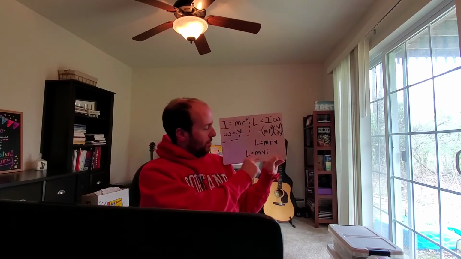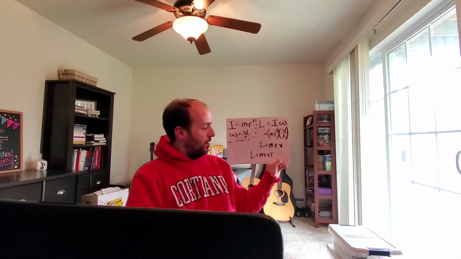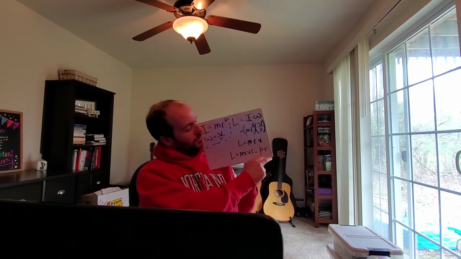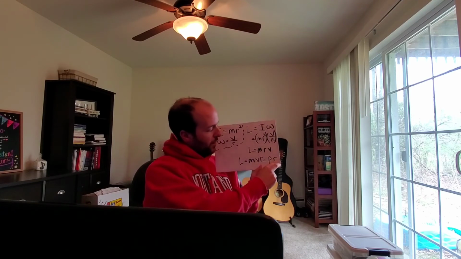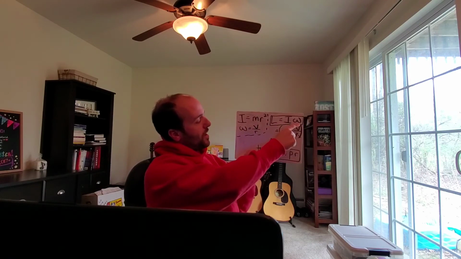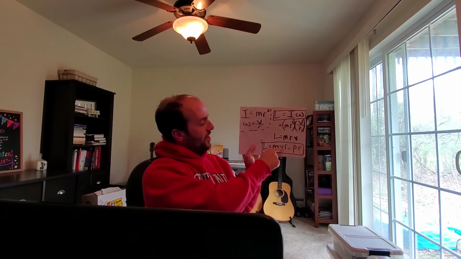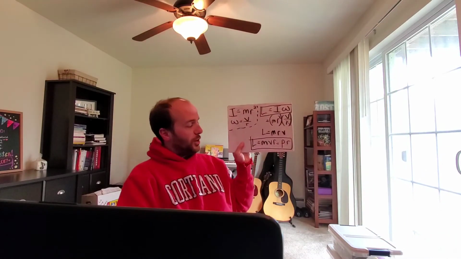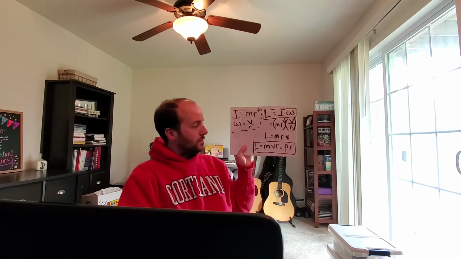Okay, well, we just said a couple minutes ago that mass times velocity is your linear momentum, so we're left with p times r, lowercase p for your linear momentum, times the radius. So there's two ways that we can write the equation for angular momentum: L equals I times omega, and L equals mvr, which is linear momentum times the radius.